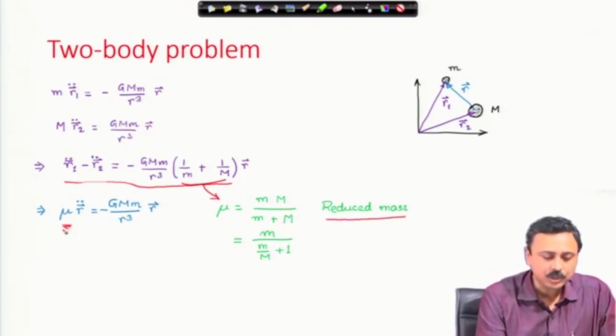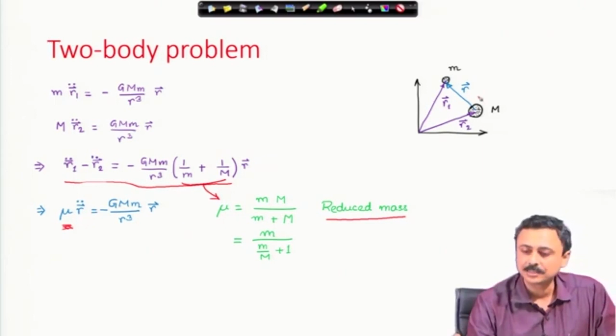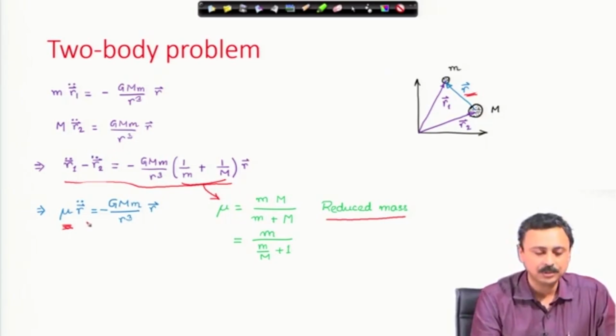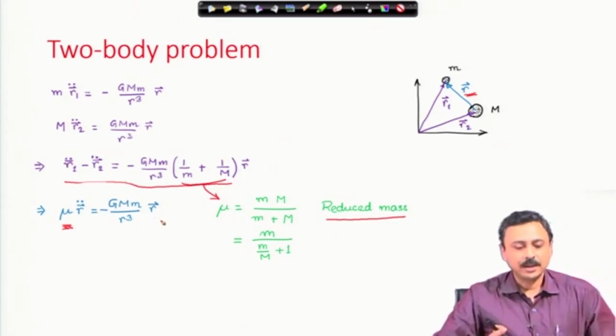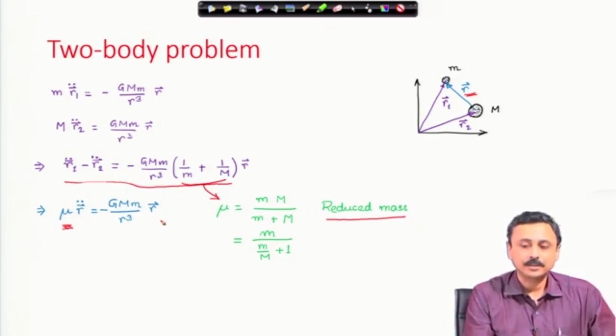Therefore, our equation of motion is now reduced mass times r double dot, this r is this vector, reduced mass times r double dot is minus G M m by r cube into r vector. Thus, now we have an equation of motion which is in terms of r, the r vector.